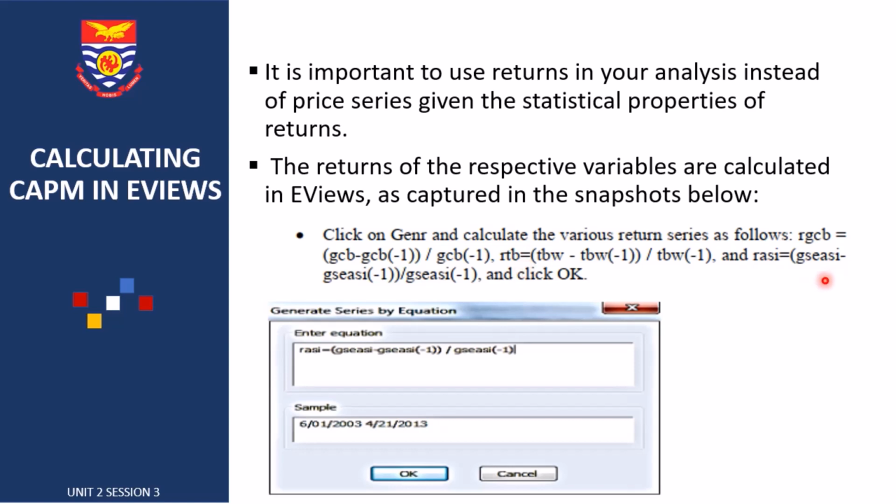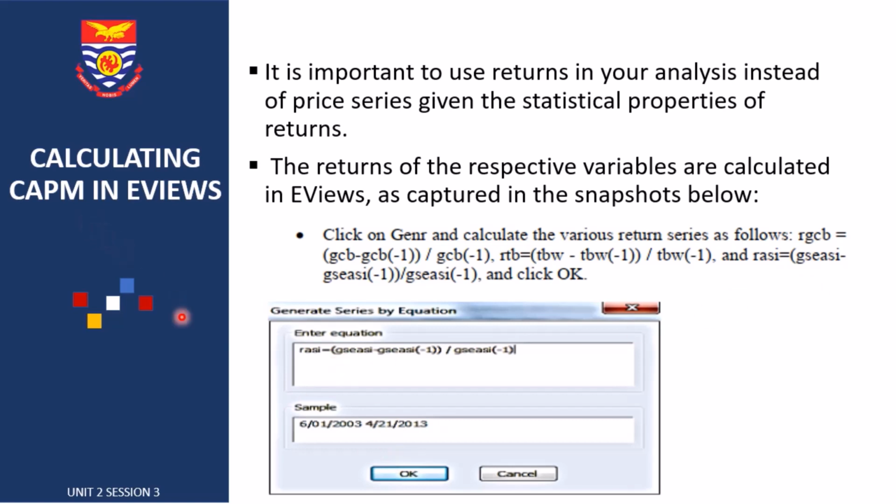The market risk is represented by the Ghana Stock Exchange, so we are also going to calculate the return series for the entire stock index of the Ghana Stock Exchange. After calculating the return series, we click OK, and we are good to go.